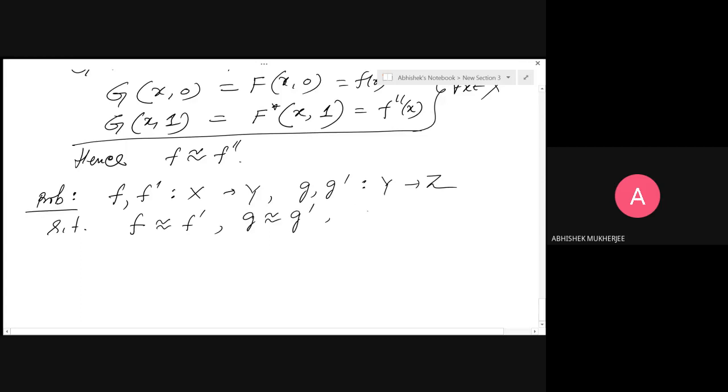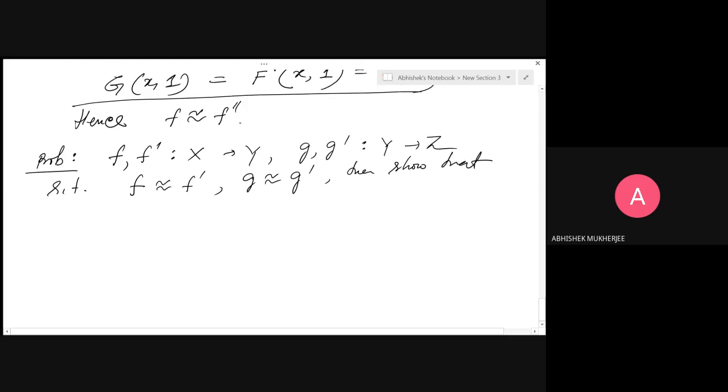Then show that g compose f is homotopic to g dashed compose f dashed. So this is your exercise.